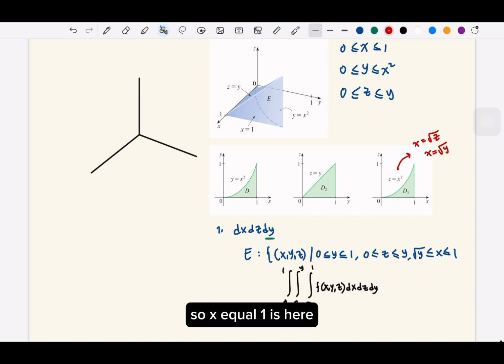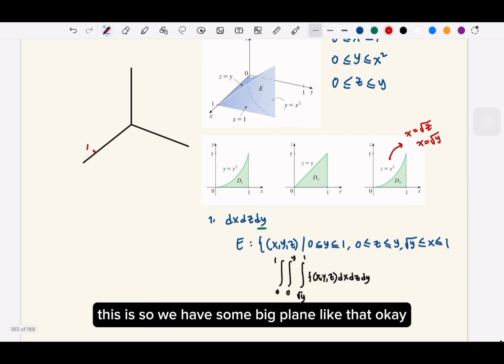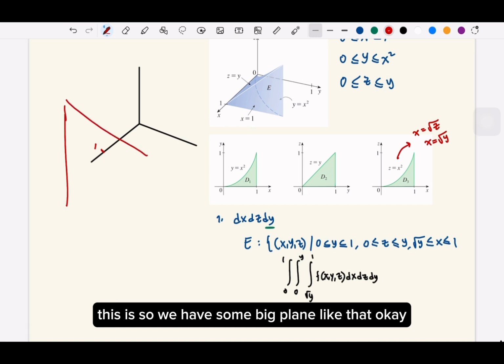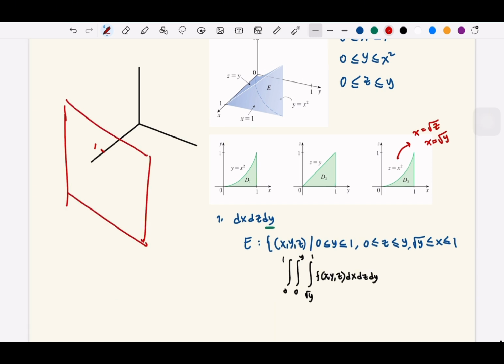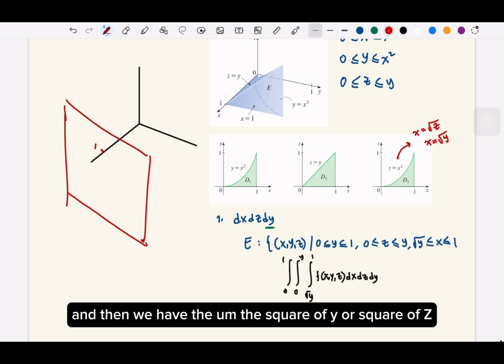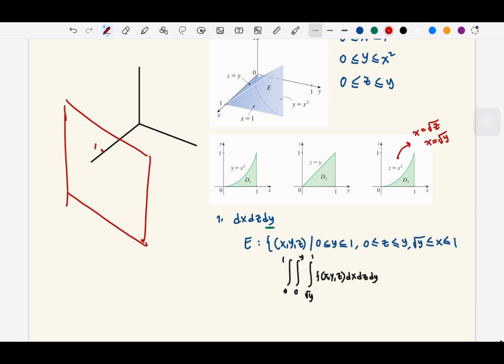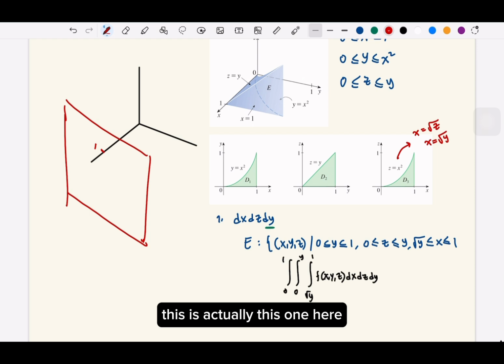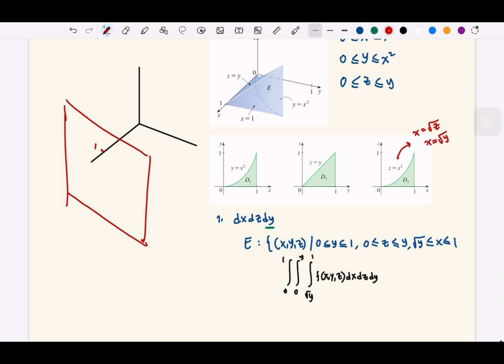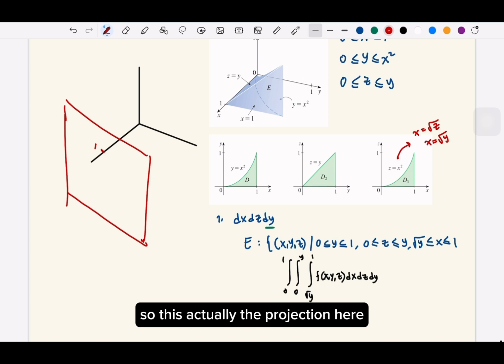So x equal 1 is here. So we have some big plane like that, okay? x equal 1, and then we have the square root of y or square root of z. This is actually this one here, the projection here.